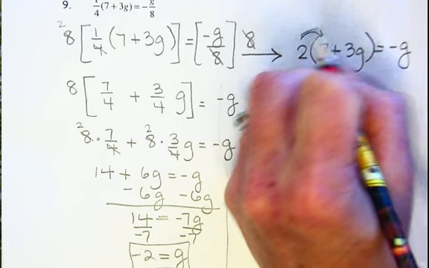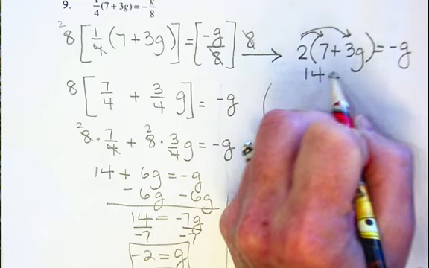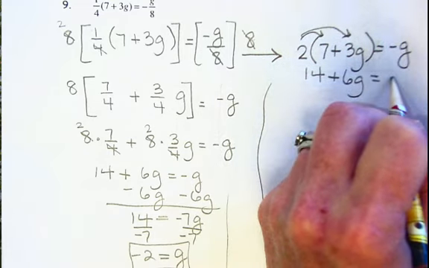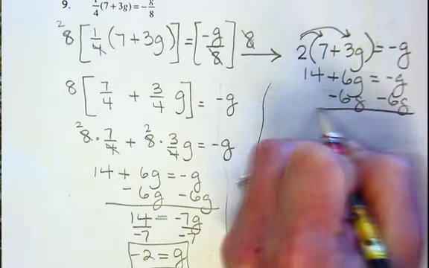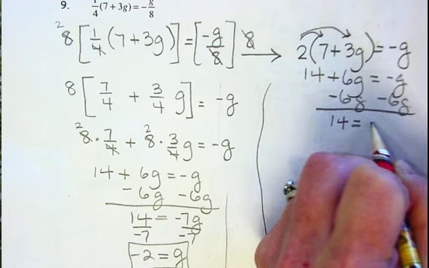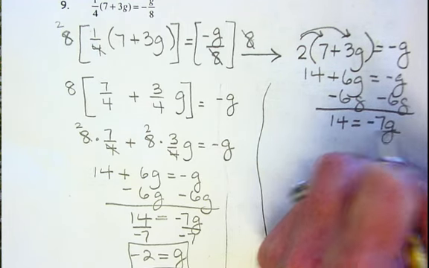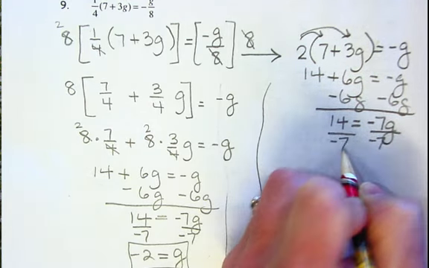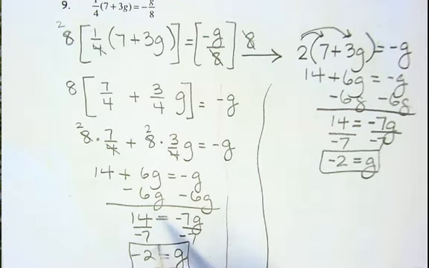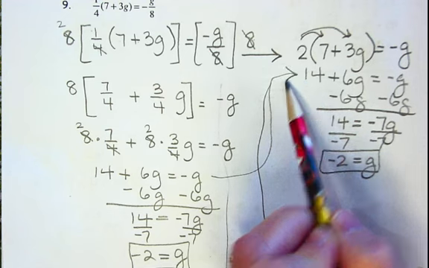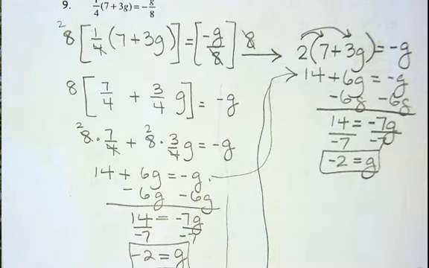Now if I distribute the 2, I would get 14 plus 6g equals negative g minus 6g. 14 is equal to negative 7g. Divide by negative 7. Negative 2 is equal to g. So notice that that step is the same all the way down to here.